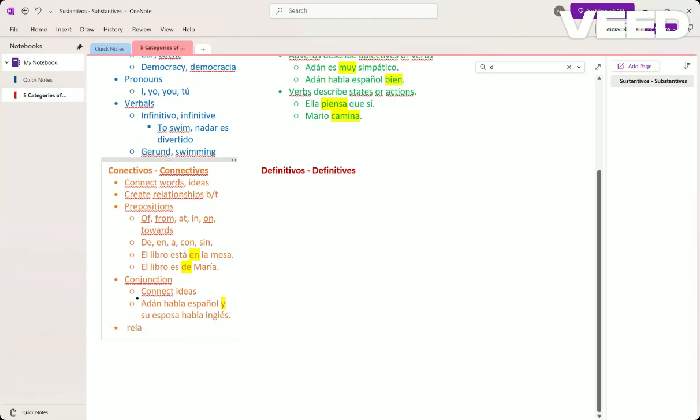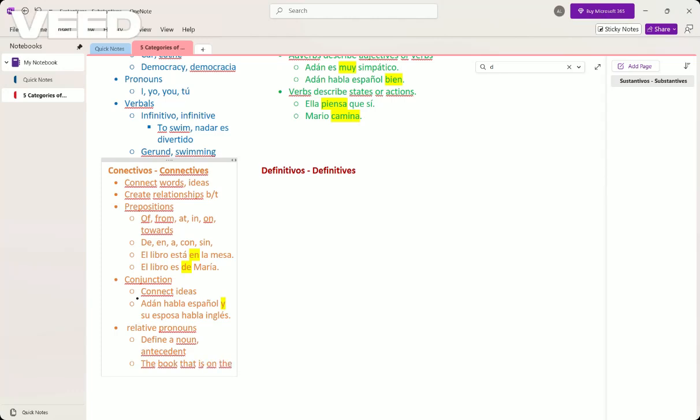The relative pronouns are connectives, and they define a noun, or what we're going to call an antecedent, which is basically a noun or an idea that comes earlier. So an example would be: the book that is on the table is Adam's.